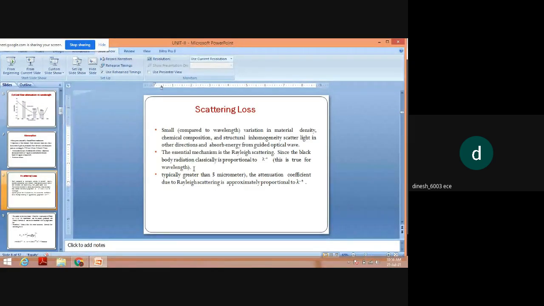The next loss that we are going to see is scattering loss.